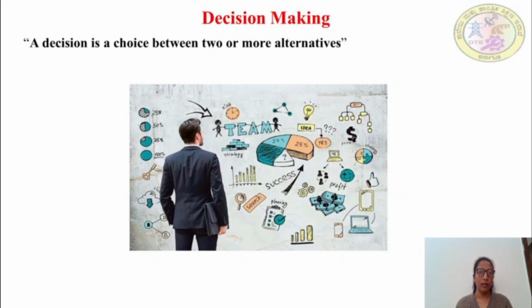Decision making occurs at many stages of the planning process. Decision making and choosing the best alternative is probably the most important activity of the planning process. It is a part of all the functions of management.